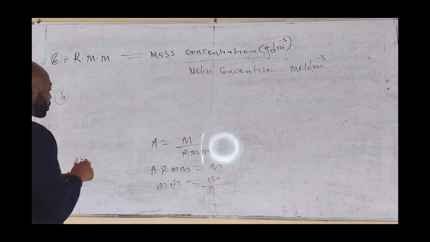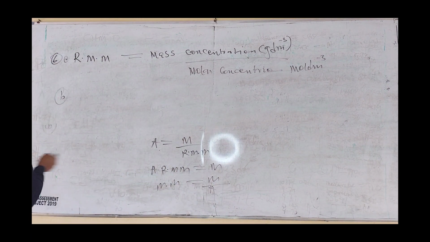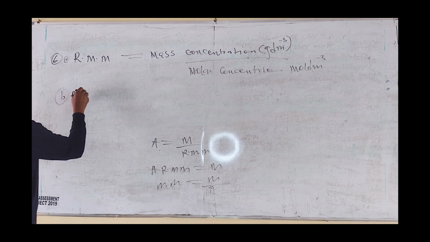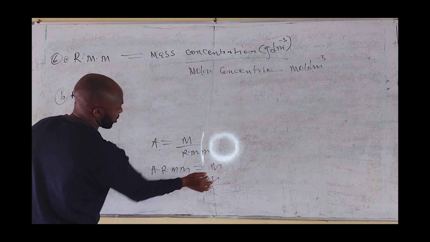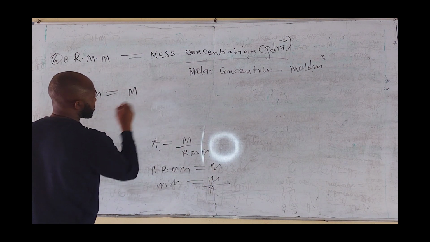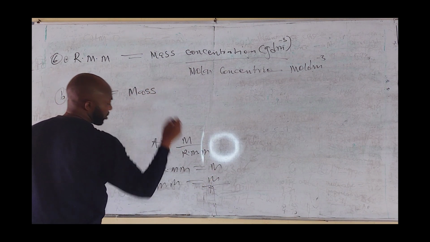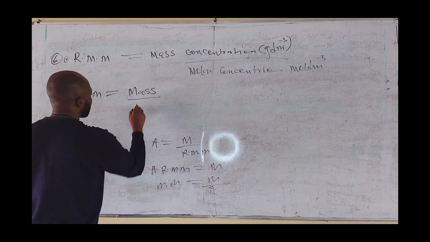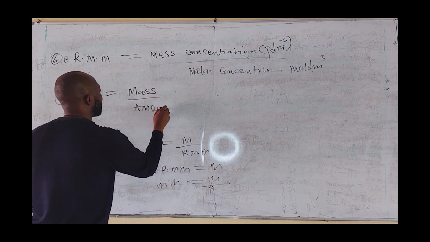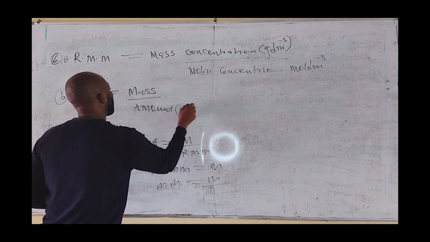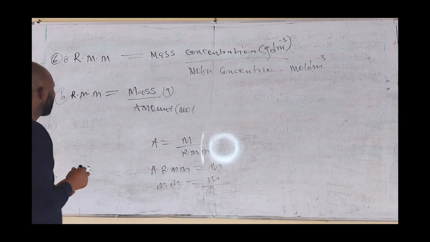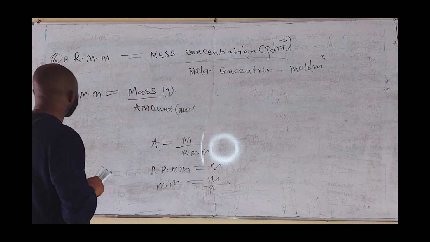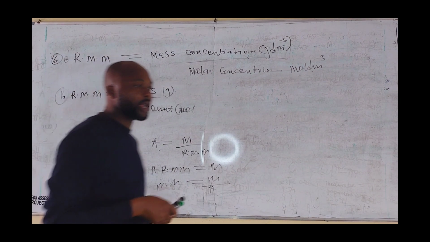So we have the next one, which is relative molecular mass is equal to mass over amount. Amount in mole, mass in gram. So these are the 6 basic formulas that are required.